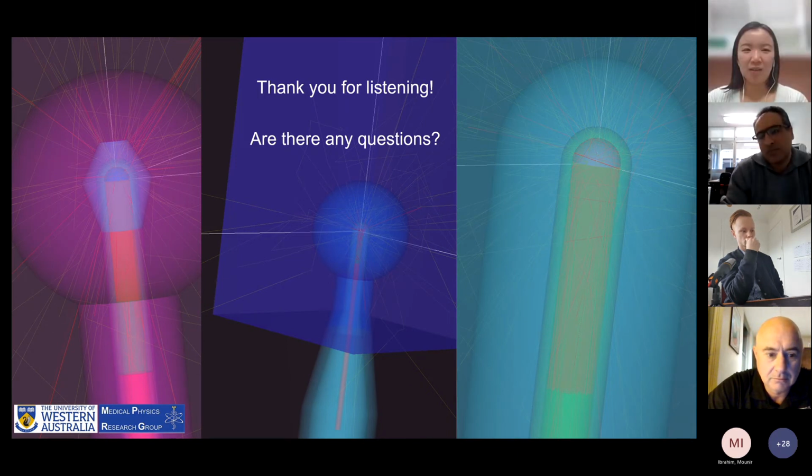I would measure it, only because each Intrabeam device can be slightly different, and if you just nudge the probe slightly, you could get different results. So if I were to treat patients using that device, I'd at least check that the results from measurements agree with my Monte Carlo before trusting the Monte Carlo. Does that make sense? Thanks.